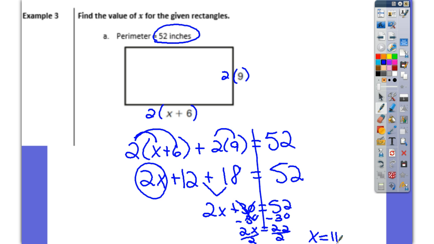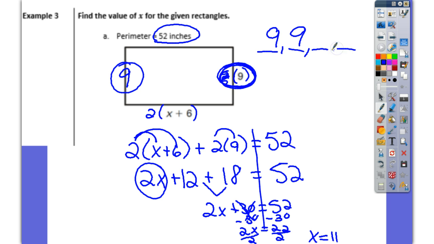Ta-da! No, you're not done. X is 11, but how long are our sides? Well, I know that this one's already 9. We can't do anything to it. All right, this one's 9 and this one's 9. Those are already done for me, so I have a side 9 and 9. That's those two. What are my widths here?